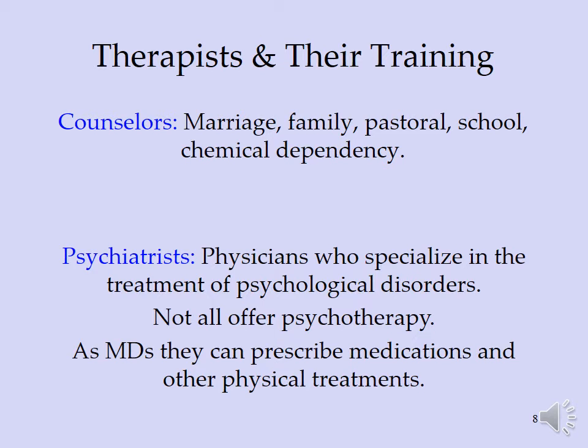And these counselors may be trained to do various types of therapy, particularly for certain populations, certain groups of people, or in certain situations. So we have, for example, marriage and family counselors, pastoral counselors, school counselors, or chemical dependency counselors, each practicing to help people within that area of difficulties.